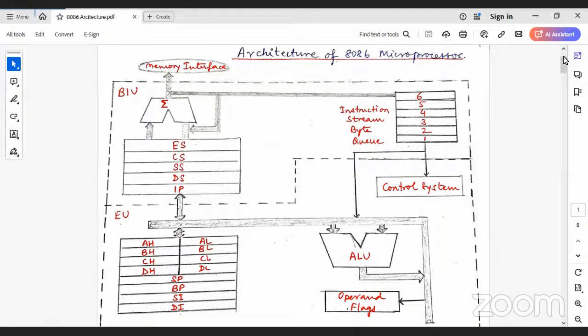Okay, the pin diagram. Check whether the pin diagram is there in your material. Otherwise, I will have to give it, because I am comparing your material with what I will be telling here.